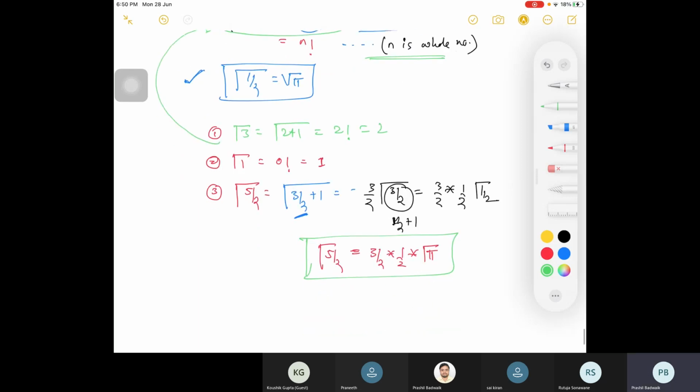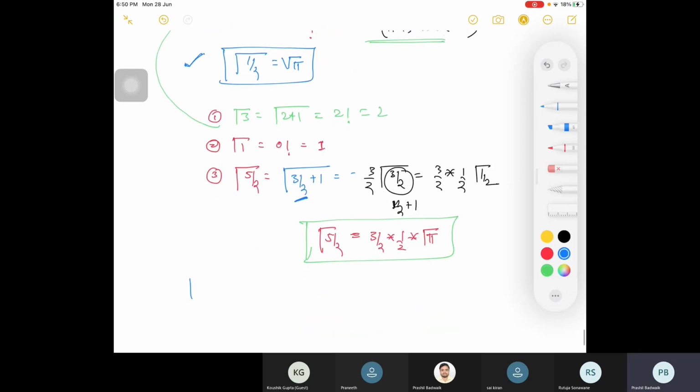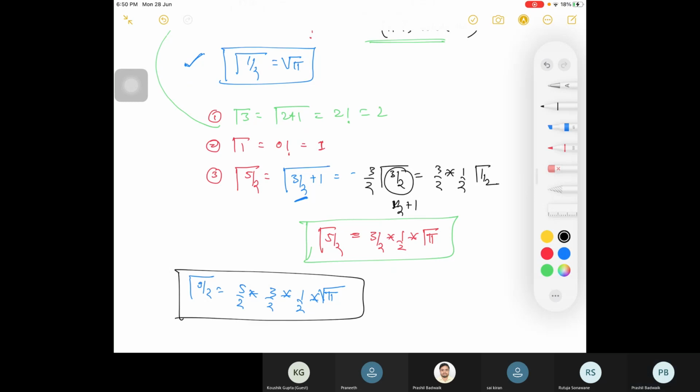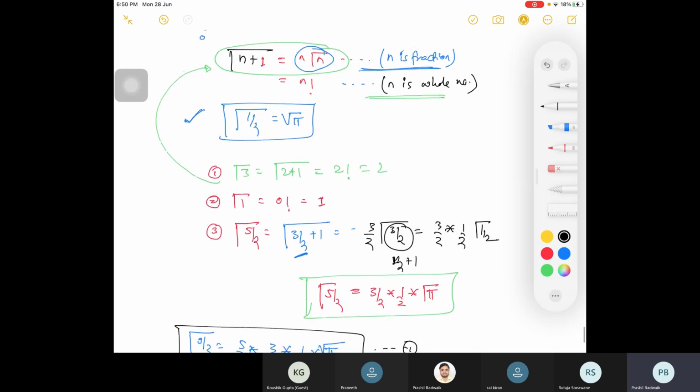So you can write in shortcut, suppose if it is gamma 9 by 2, then it is 5 by 2 into 3 by 2 into 1 by 2 into gamma 1 by 2, that is root pi. Are you guys clear with this? If it is a whole number, then it is n factorial, and if it is a fraction, then it is n gamma n.